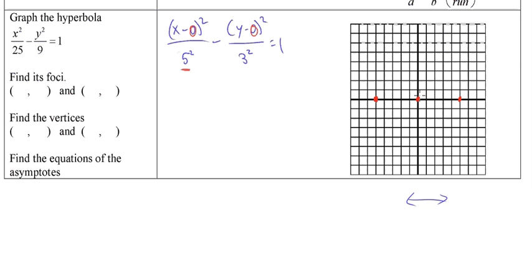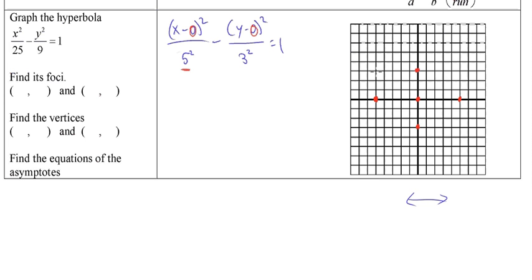So when your center is not at 0, make sure you're starting from the center value and subtracting that value. And there are our would-be vertices vertically: the center plus 3 and the center minus 3.